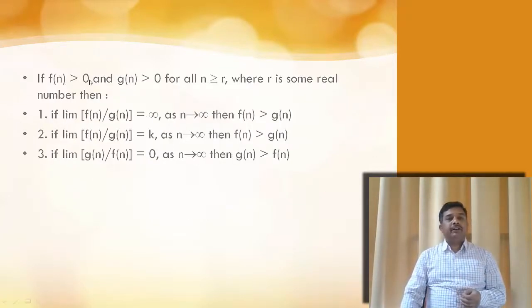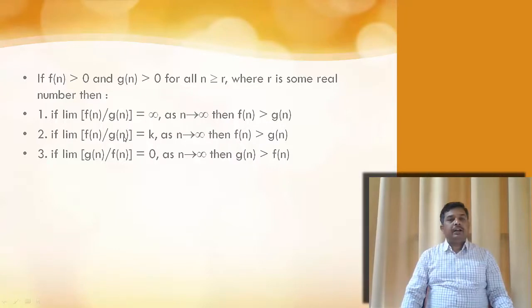If f(n) is greater than 0 and g(n) is greater than 0 for all n greater than or equal to r, where r is some real number, then these are some standard results that we'll be using. If limit f(n) by g(n) equals infinity as n tends to infinity, then we'll say f(n) has a higher growth rate than g(n).